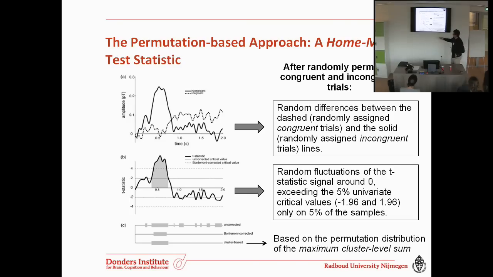Now, if you have this wiggly t-statistic time course without any pronounced peaks and troughs, we use that wiggly t-statistic time course to calculate exactly the same test statistic that we also calculated for our observed data.